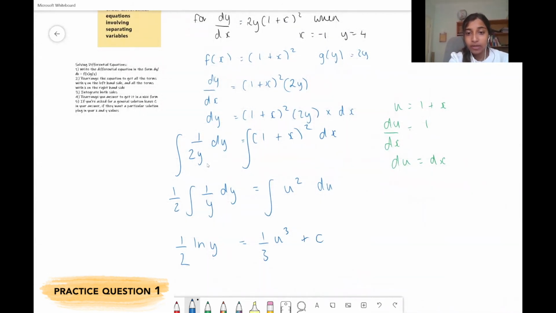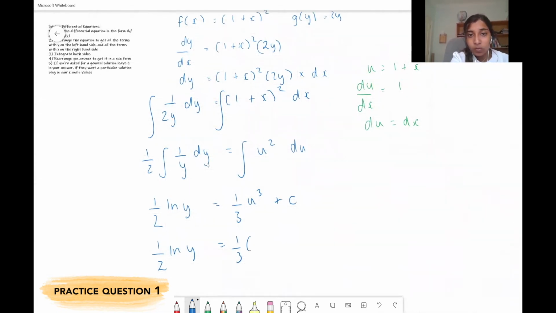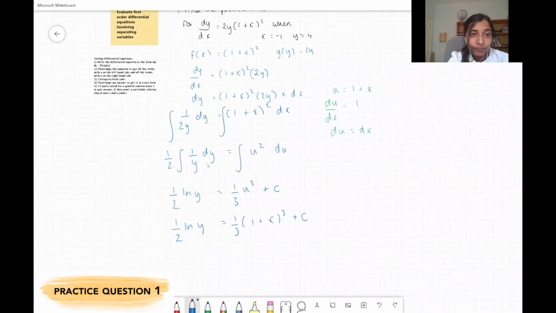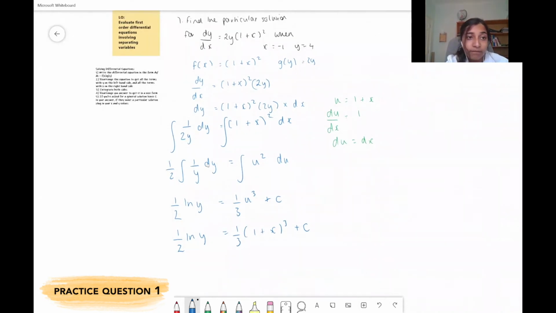And now we just want to plug in our u back into this, so we'd get a half ln y equals a third times 1 plus x to the power of 3 plus c. And now we can either rearrange it or just leave it like this. And we want to try and find our particular solution.